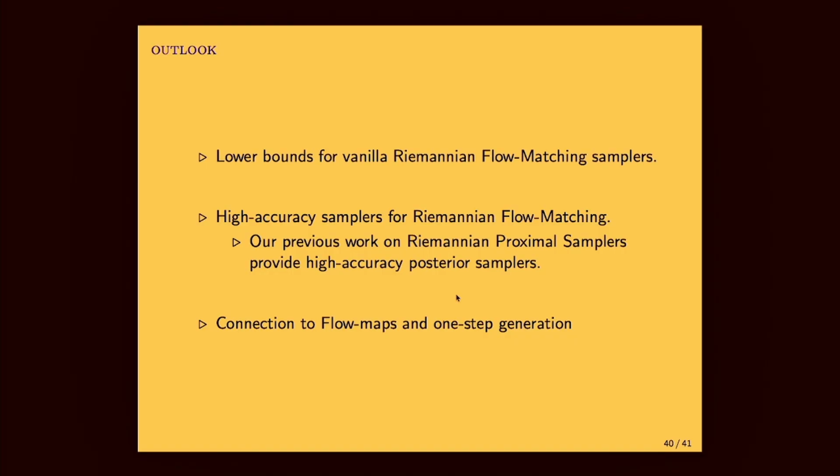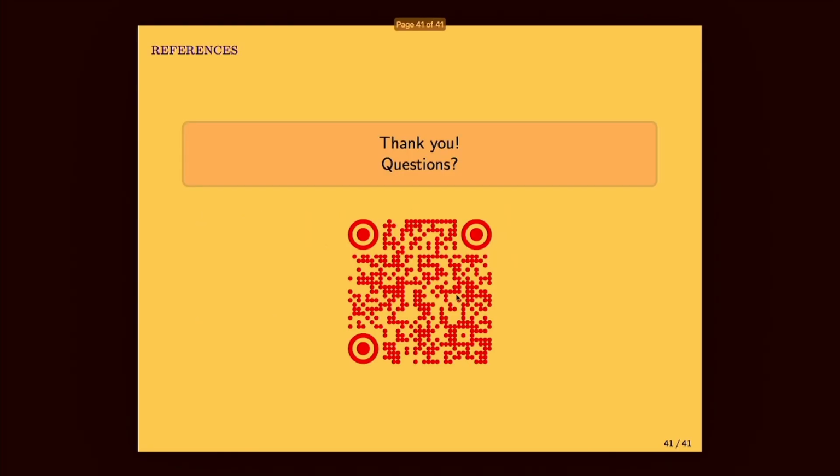This is an interesting question. Recently, there has been some work on high accuracy diffusion samplers, but the randomness there plays a very crucial role. And I want to avoid randomness as much as possible on manifolds, because simulating Brownian motions on a manifold is a whole different beast. So we want to avoid it as much as possible, right? All right, so with this, I conclude my talk and I'll be happy to take your questions.